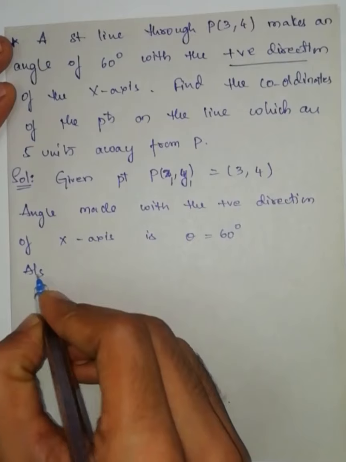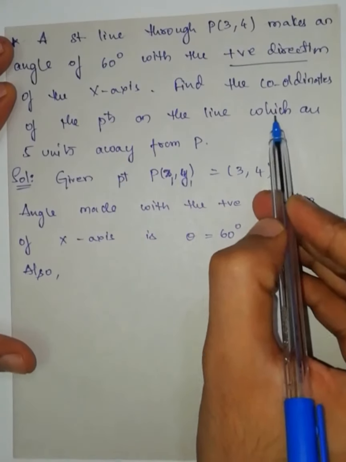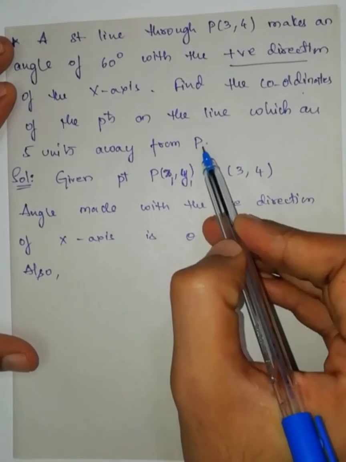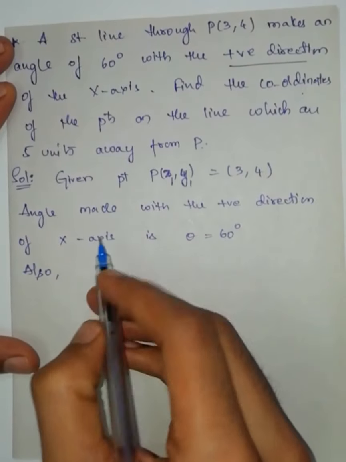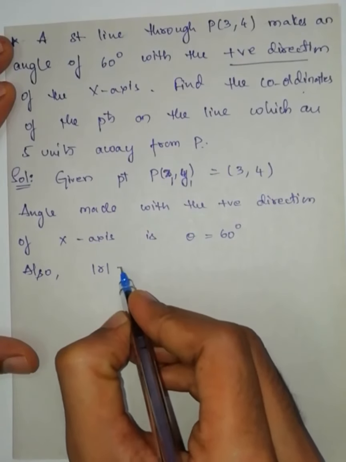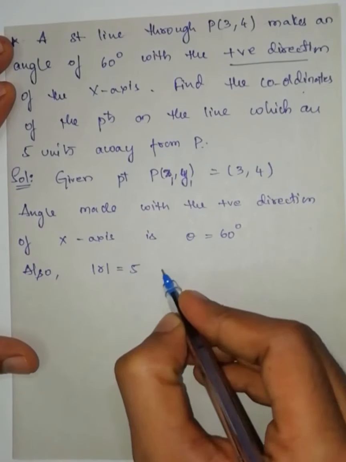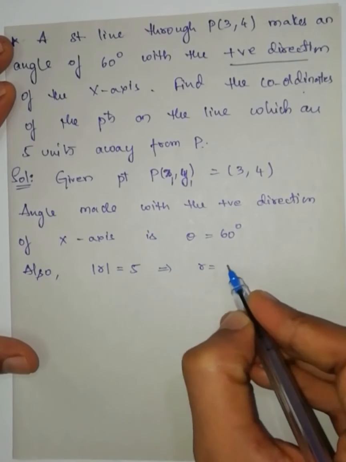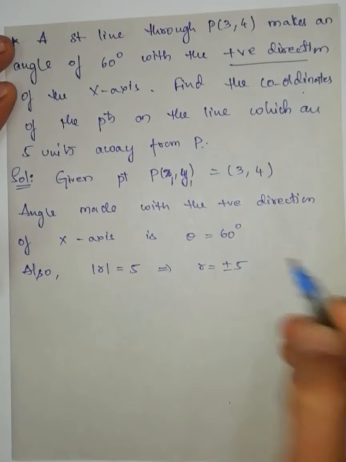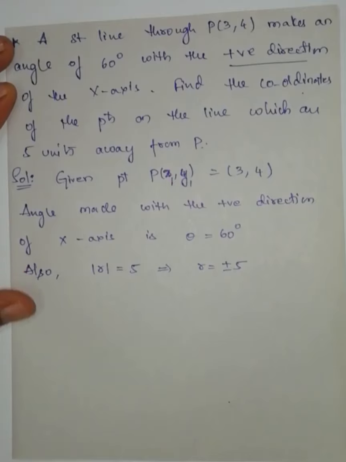Also, what is the given? The distance of the point from P is 5 units. That is modulus of r is equal to 5. This implies r is equal to plus or minus 5.